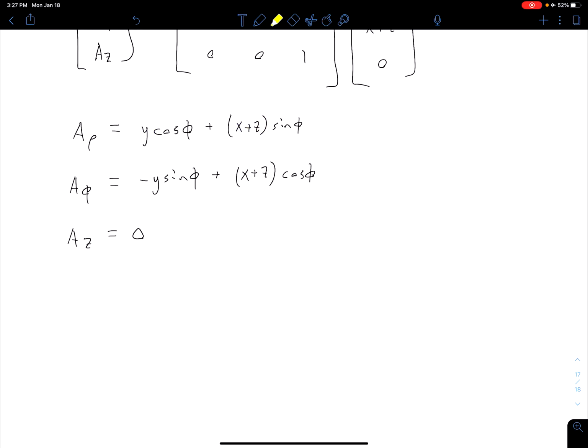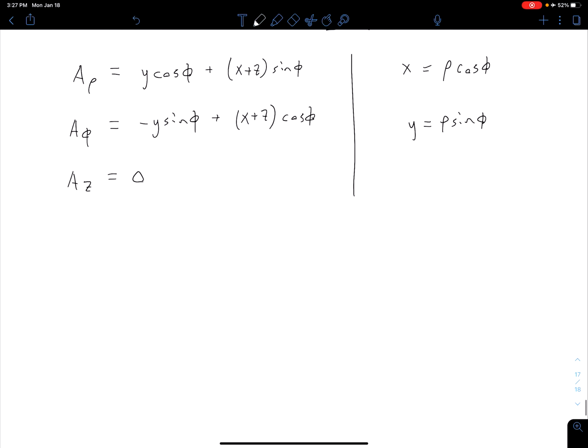Sorry, we're going to keep z, we just want to get rid of x and y. I misspoke a little bit there. In order to do that, we're going to use our equations that x is equal to rho cosine phi, and y is equal to rho sine of phi. What that's allowing us to do is get rid of these y's and x's in our equation.